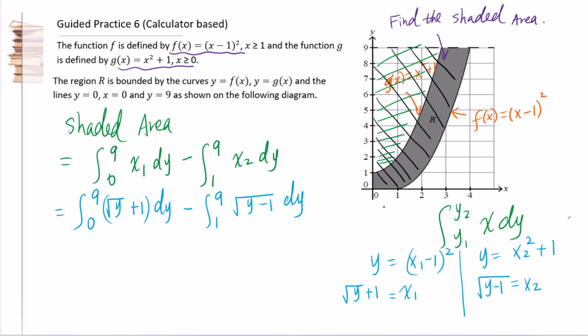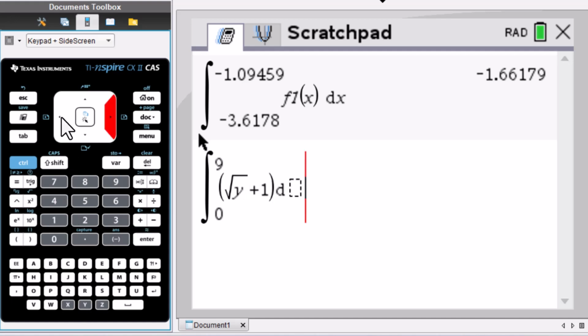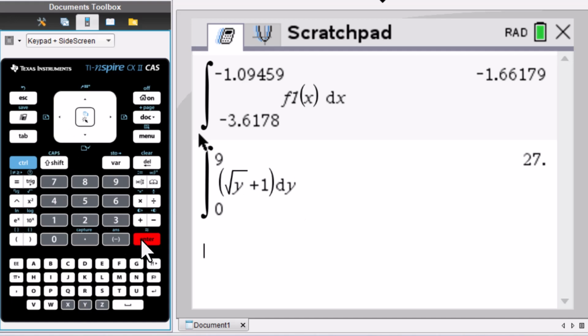Let's go to calculator. Shift plus, from 0 to 9 of square root of y, plus 1, dy equals 27.